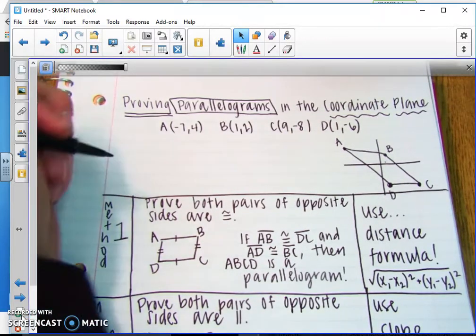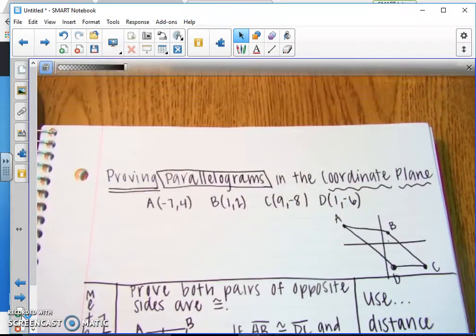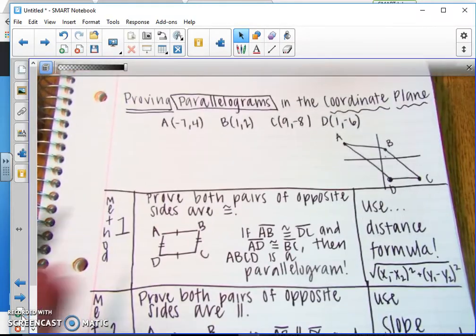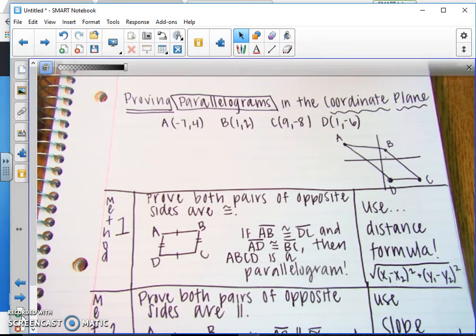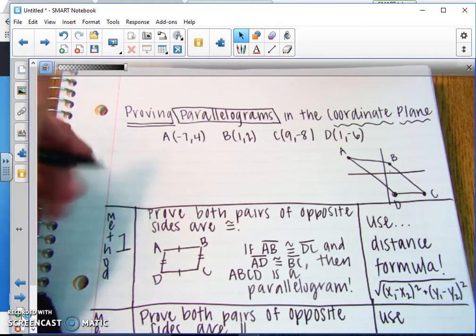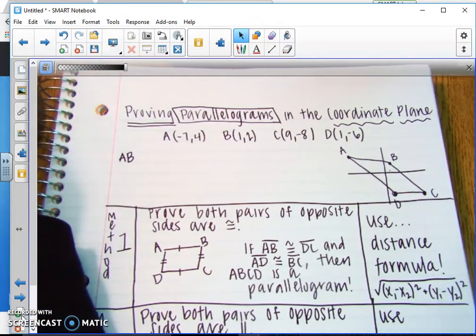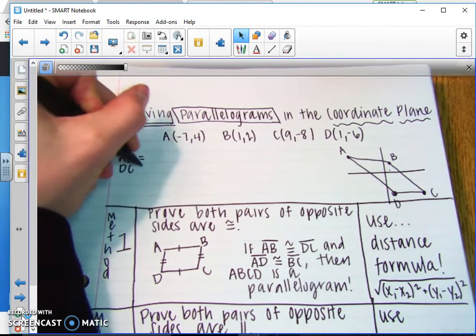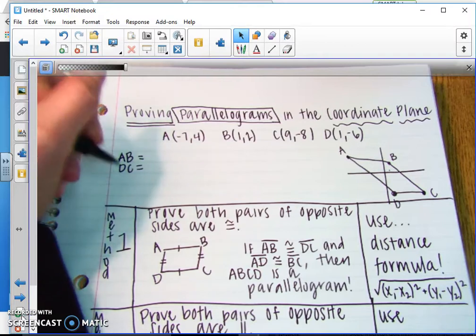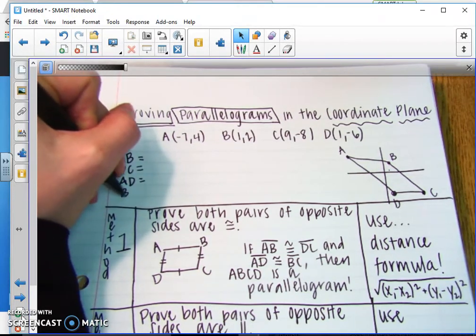We are actually going to prove this by using the distance formula. We're going to use the distance formula to see, for method number 1, that both pairs of opposite sides are congruent. So we're going to find the distance of AB, we're going to find DC, then we're also going to find AD and BC.